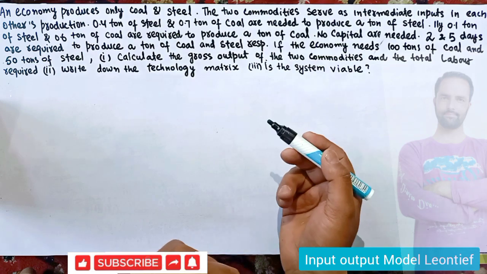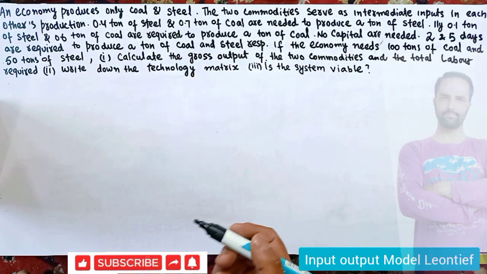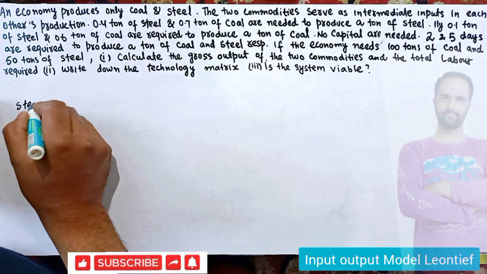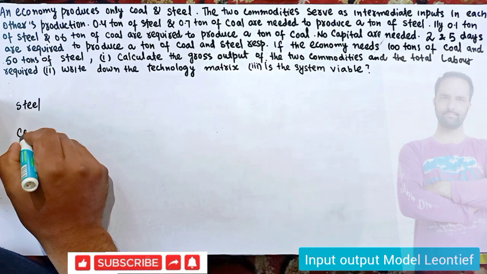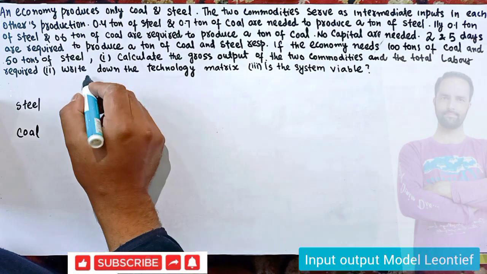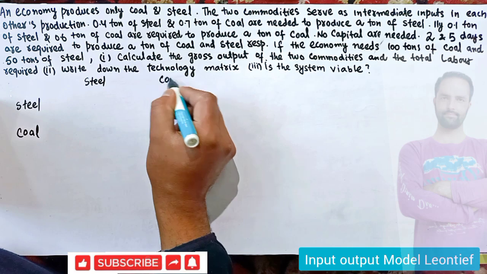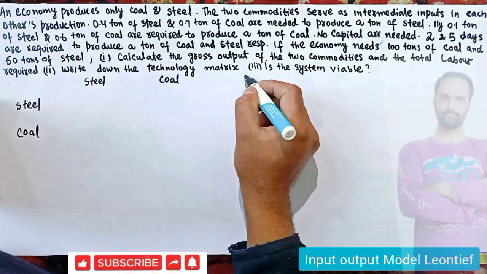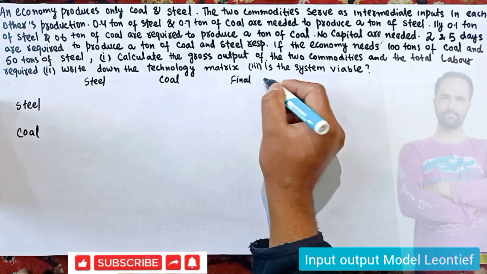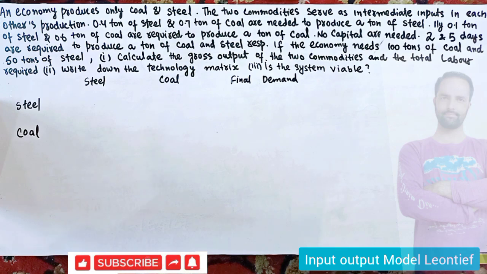Okay, so how do we create the technology matrix, or I write this input output model here first. So we have steel and we have coal. Also we will write here steel and coal. Then we have the final demand. Let me write it here, final demand. Now let's interpret it here.